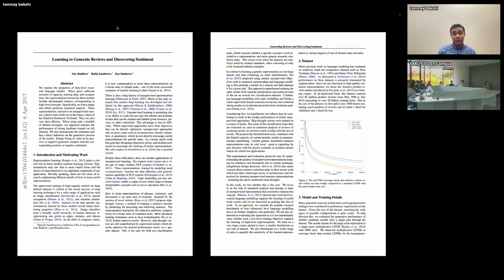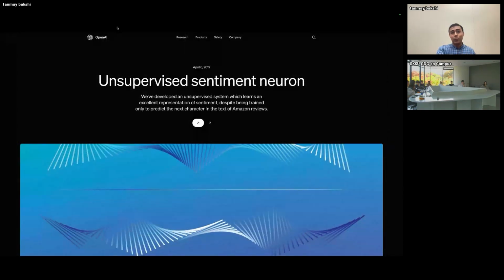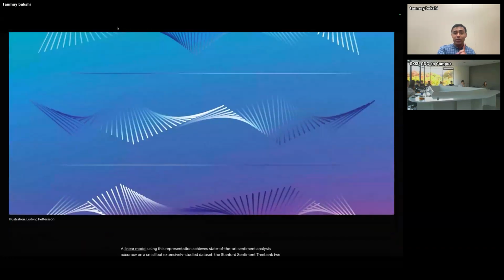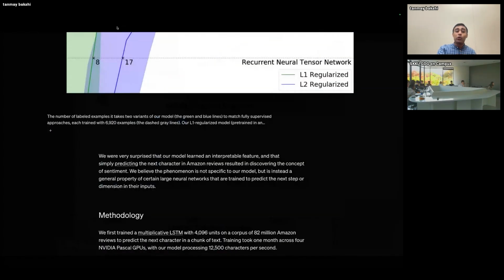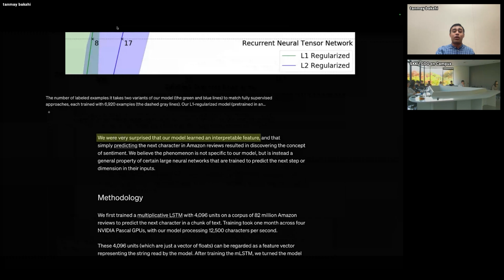But here's the really interesting thing. If you take a look at OpenAI's report from this research, you'll notice one of the lines they have here is, "We were very surprised that our model learned an interpretable feature." So what does that mean? Well, what OpenAI discovered is that simply by training a model to predict the next character in an Amazon review, so just on Amazon review generation, based off of that training objective, the model automatically learned internally a single linear numeric representation of the abstract concept of sentiment.